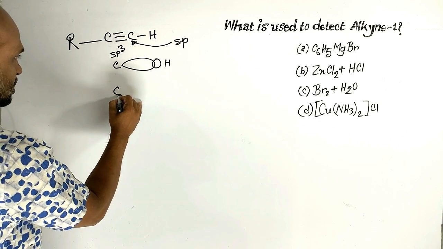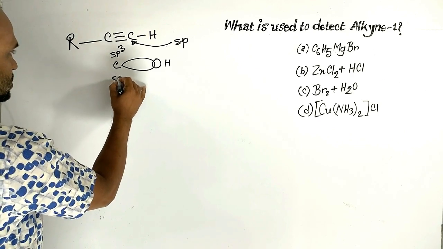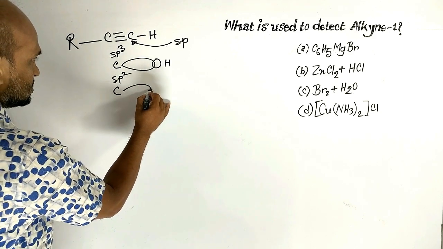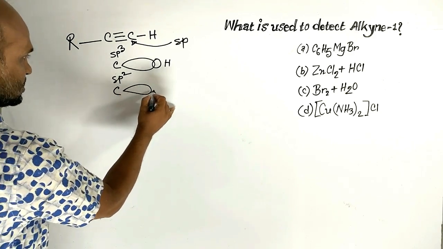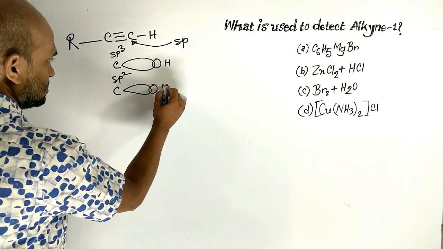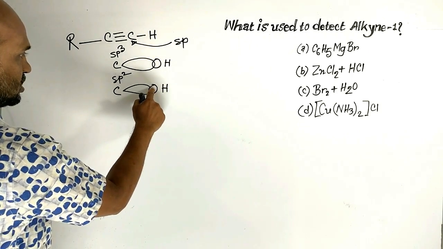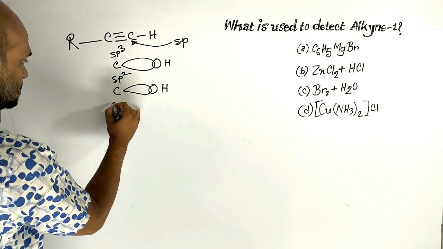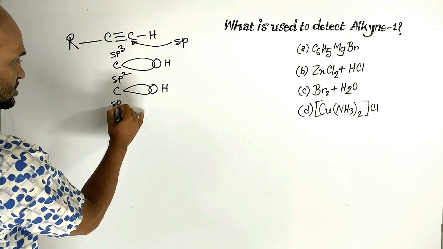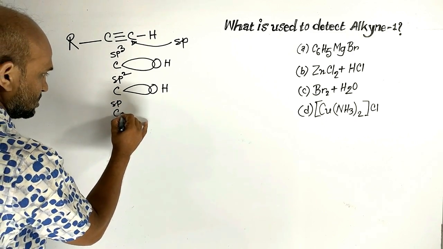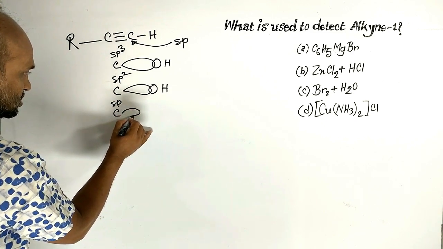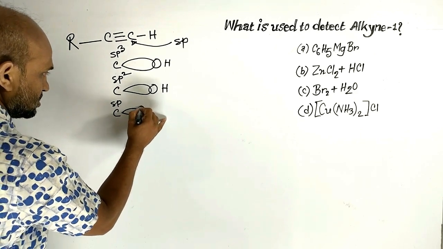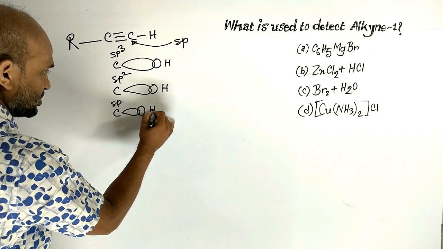When this carbon is sp2 hybridized, then this orbital is a bit smaller in size. This is s orbital of hydrogen. When the carbon is sp hybridized, then the hybrid orbital is smaller in size. Here, this is s orbital of hydrogen.